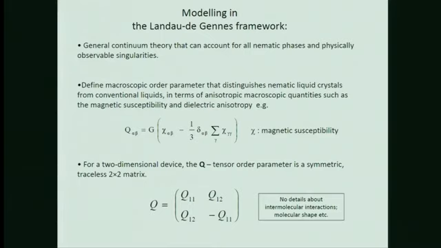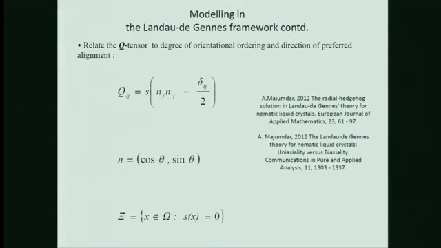But from our point of view, since we're really just looking at two-dimensional configurations on a strictly 2D domain, the Q-tensor order parameter is just a symmetric, traceless 2x2 matrix with two independent components, Q11 and Q12. So we're effectively just looking at these two components. But we want to relate this Q-tensor to the degree of orientational ordering and the direction of preferred alignment.